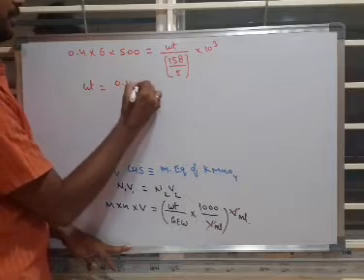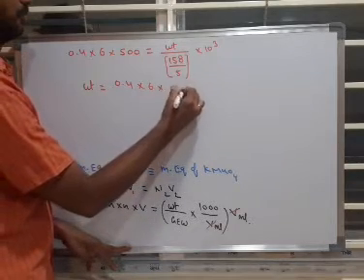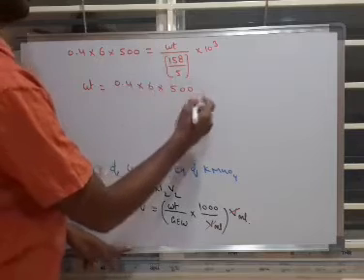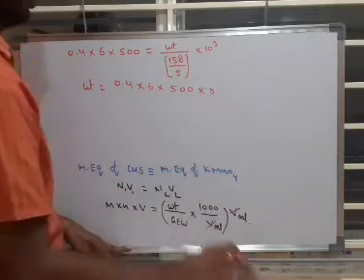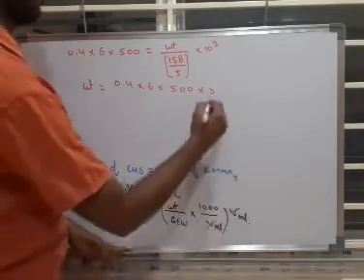So you can write 0.4 into 6 into, just some cross multiplication, again 158.